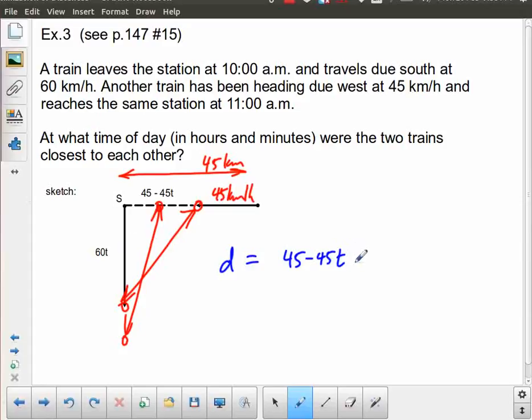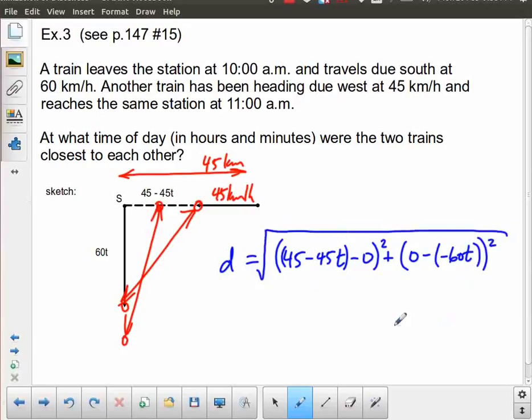The x-coordinate of the second train is 0, so that's all squared, plus the y-coordinate of this first train, which is 0, minus the y-coordinate of this other train, which is actually going to be negative 60t, all squared, and then square rooted. Notice I switched the order. This time I did the first minus the second, the first minus the second.